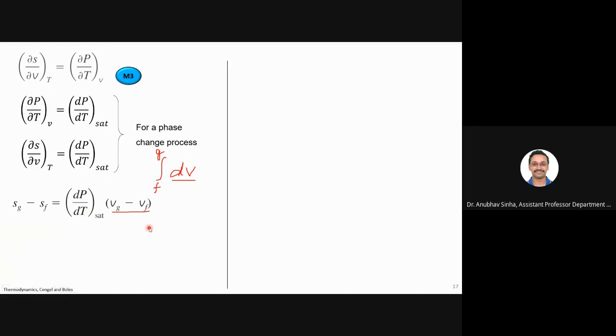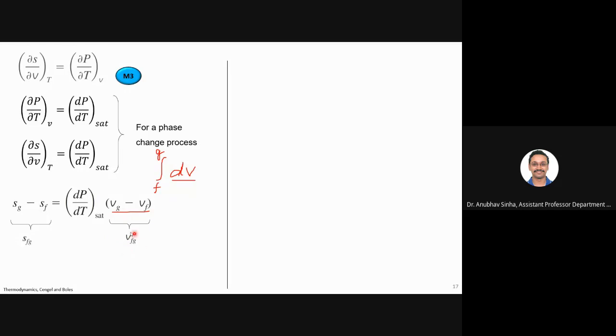Now, can you identify what we have seen in the table? Sg minus Sf, can I write this as Sfg? This is how your entries in the table are given, right? And Vfg can be written for Vg minus Vf. So in the tables, we have one column for Vg, one column for Vf, and one more column for Vfg, since for many of our calculations we actually require the difference between these two.